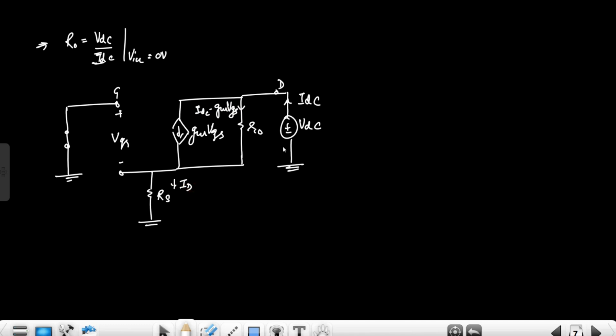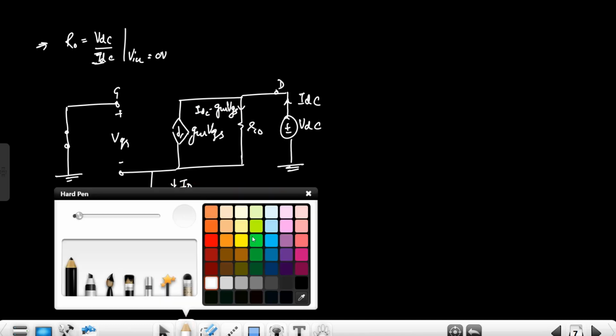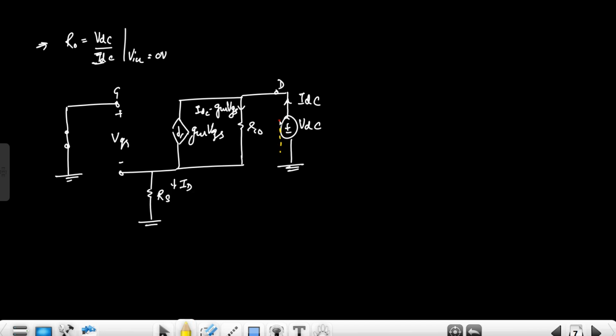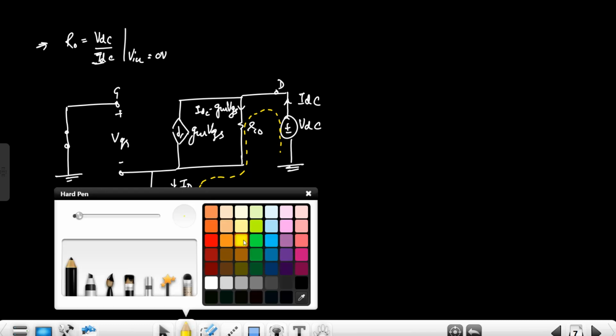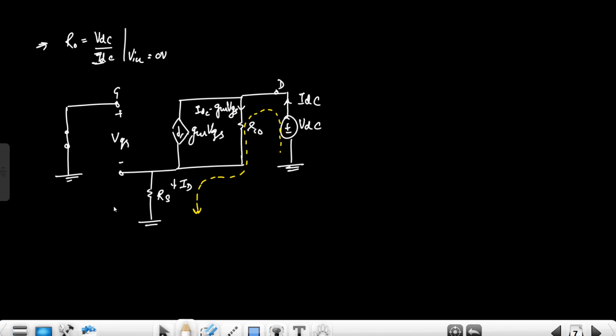Now again, we have to go with the KVL. Because of this short circuit, VGS is not 0 volt. It will be V0 plus VGS plus IDC into RS equal to 0, so VGS is equal to minus IDC RS, right?